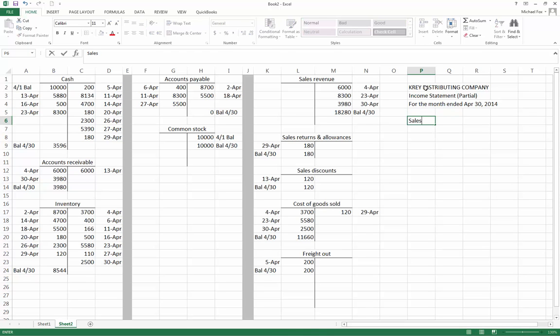All right, so the first section will be sales. It will include sales revenue. Then we'll do less sales returns and allowances, and we will do also less discounts.